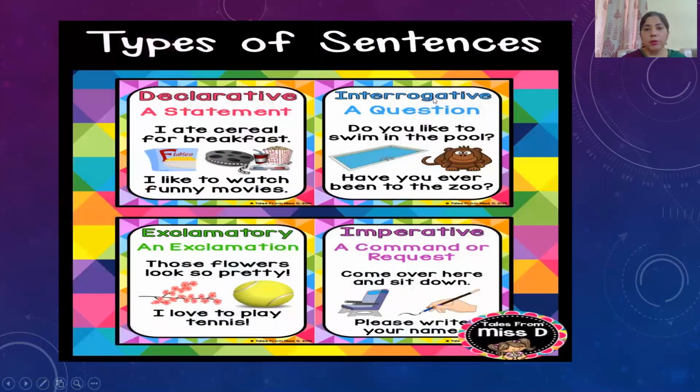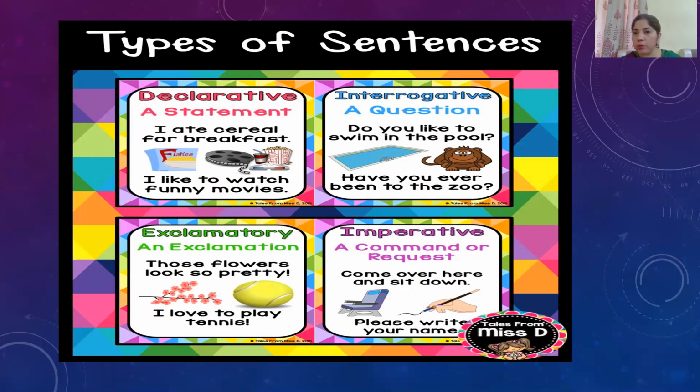Okay. Now we move on to types of sentences. On the basis of formation, these different kinds of sentences can be classified into 4 types: declarative, interrogative, exclamatory, and imperative. A declarative sentence is a statement, basically. For example, I ate cereal for breakfast. I like to watch funny movies. Second is interrogative sentences, which ask a question.